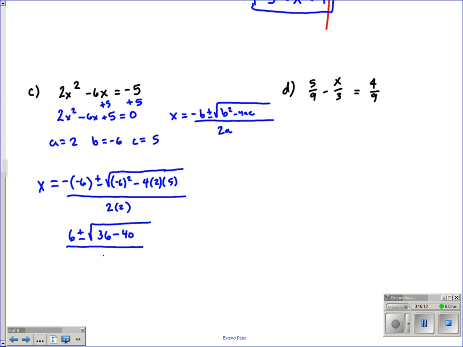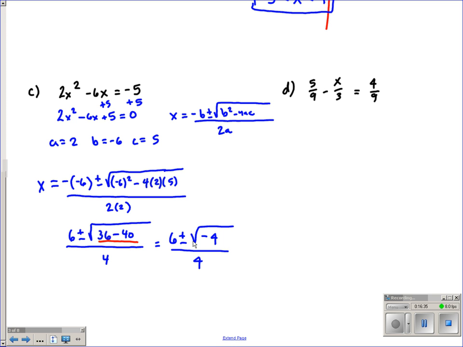All over 4. And this is the part where we end up with a little bit of a problem. If you think about 36 minus 40, we're going to have 6 plus or minus the square root of negative 4 all over 4.